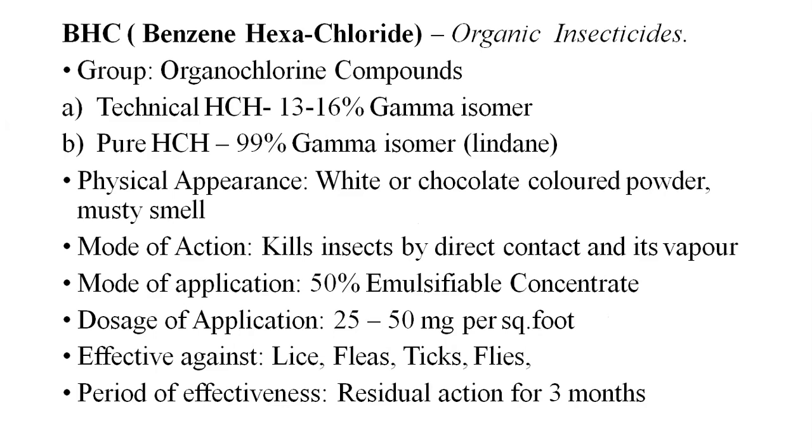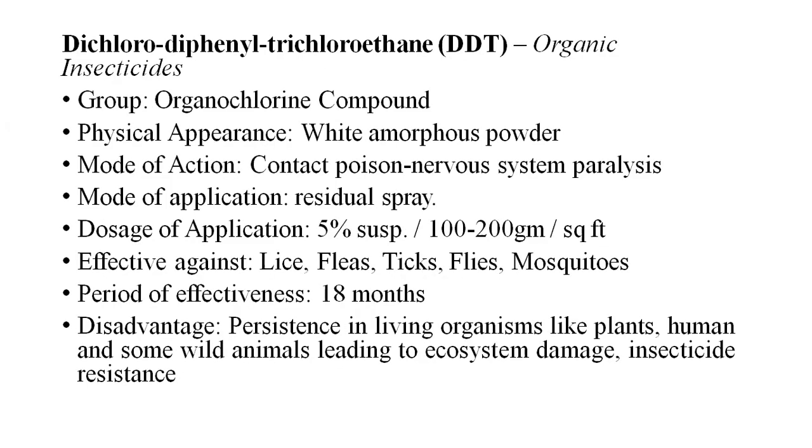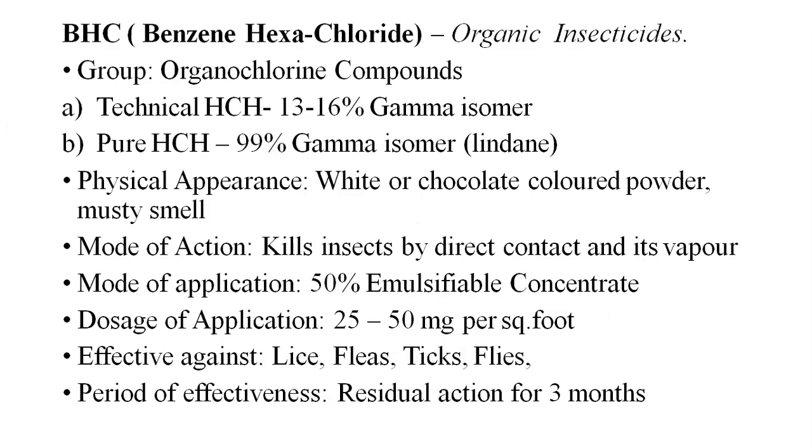Benzene hexachloride is also an organic insecticide. It comes under the group of organochlorine compounds. Technical benzene hexachloride is 13 to 16% gamma isomer, and pure benzene hexachloride is 99% gamma isomer.